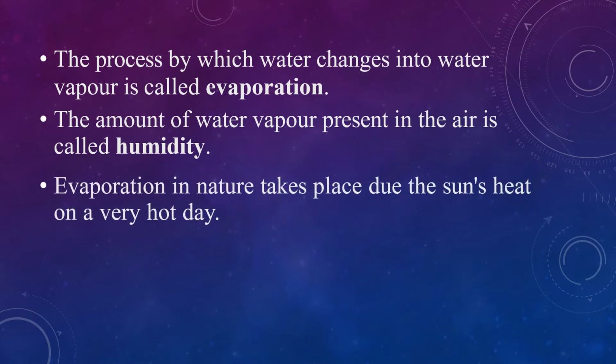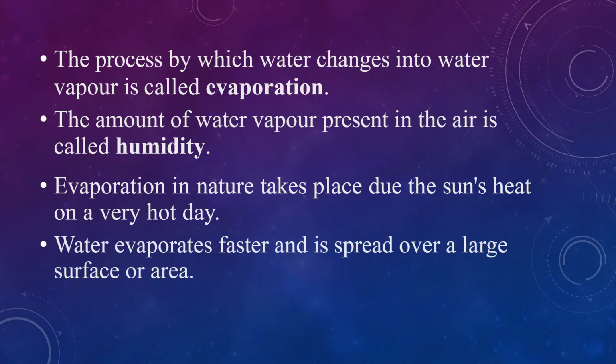Children, how does evaporation take place? It takes place due to sun's heat on a very hot day. Water evaporates faster when it is spread over a large surface or area.